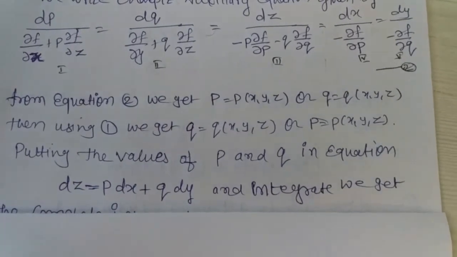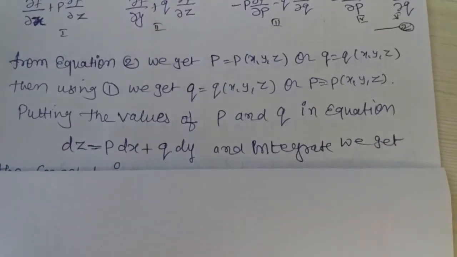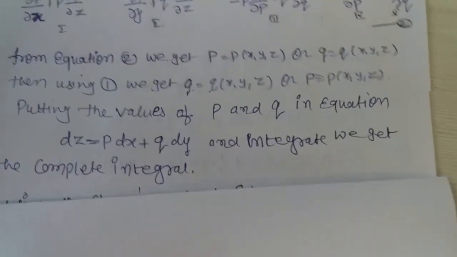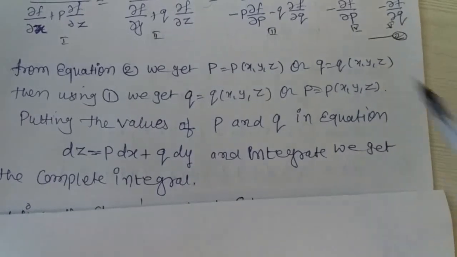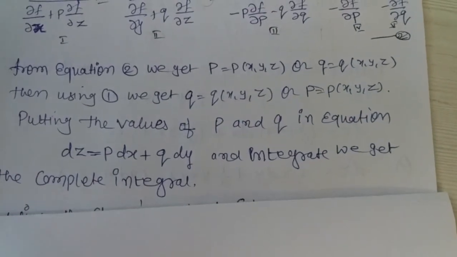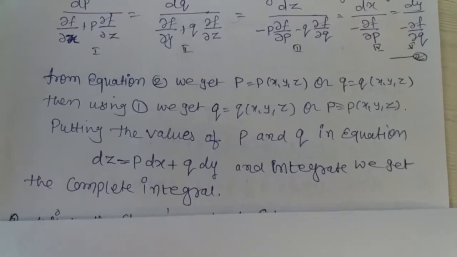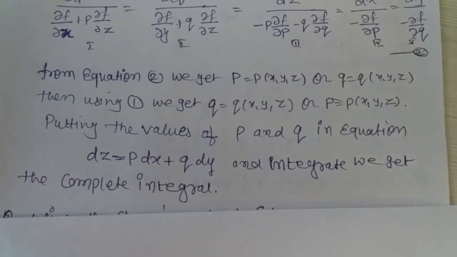Now integrate this relation, and we get the complete integral. So this is how we obtain the complete integral of a nonlinear partial differential equation of first order using the Charpit method.